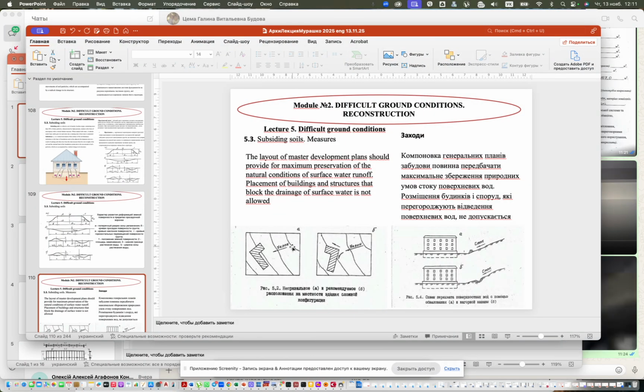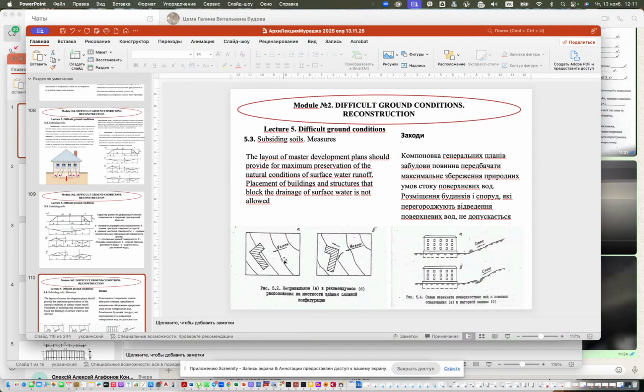If we have an incline which goes from upper marks to lower marks in this way, and our L-shaped building is located in this way, it can lead to the problem where our rain waters are collected in this inner corner, and it will lead to the settlement of this ground. It can be a huge problem for our building.